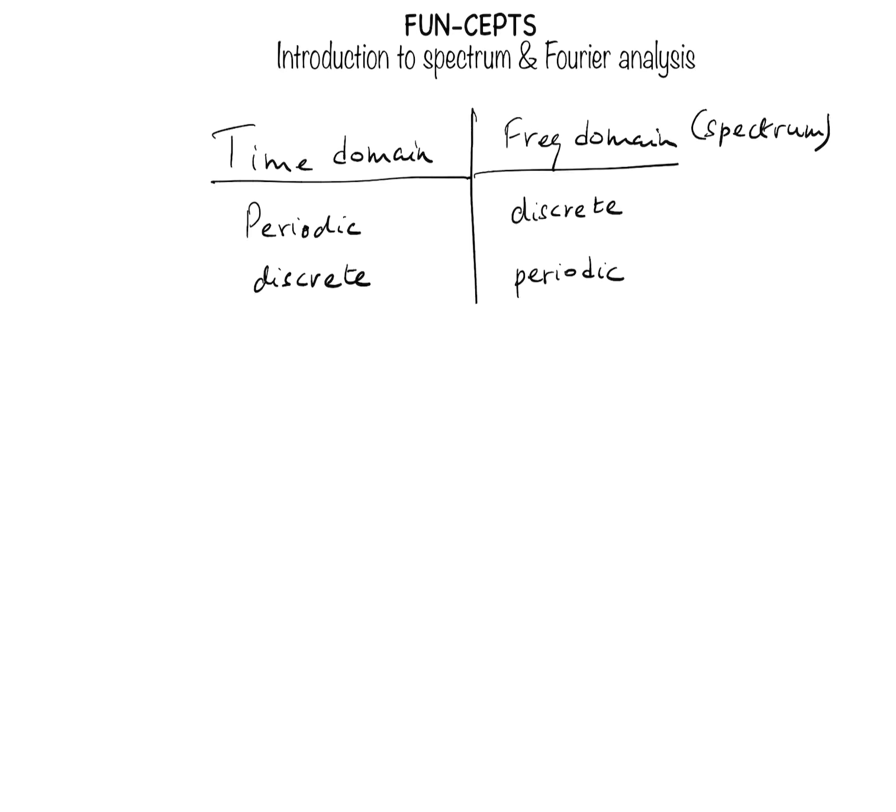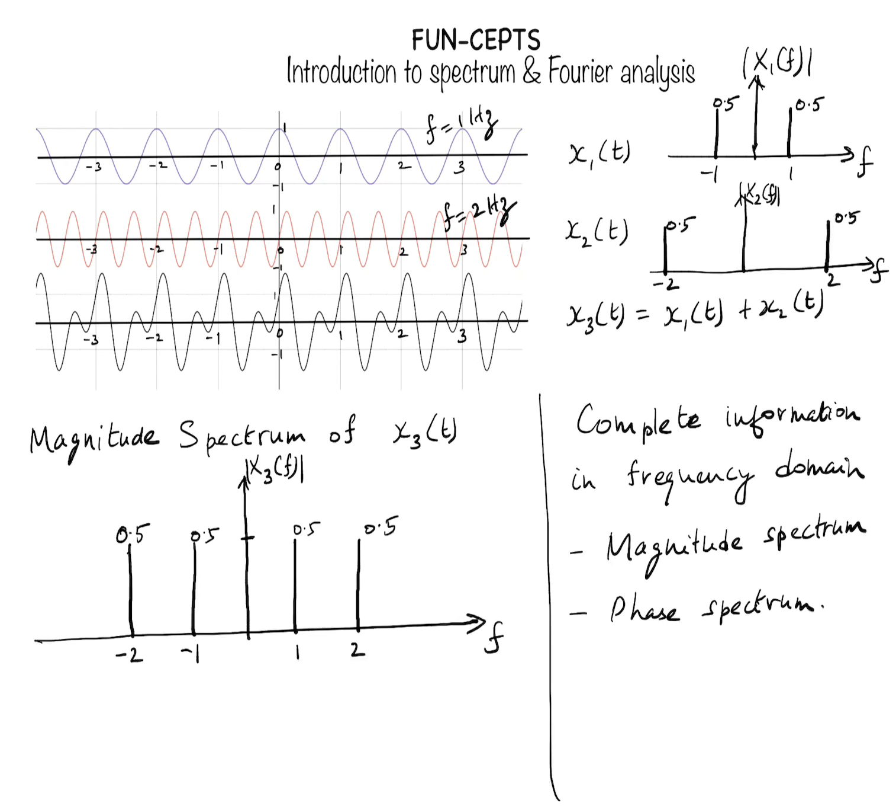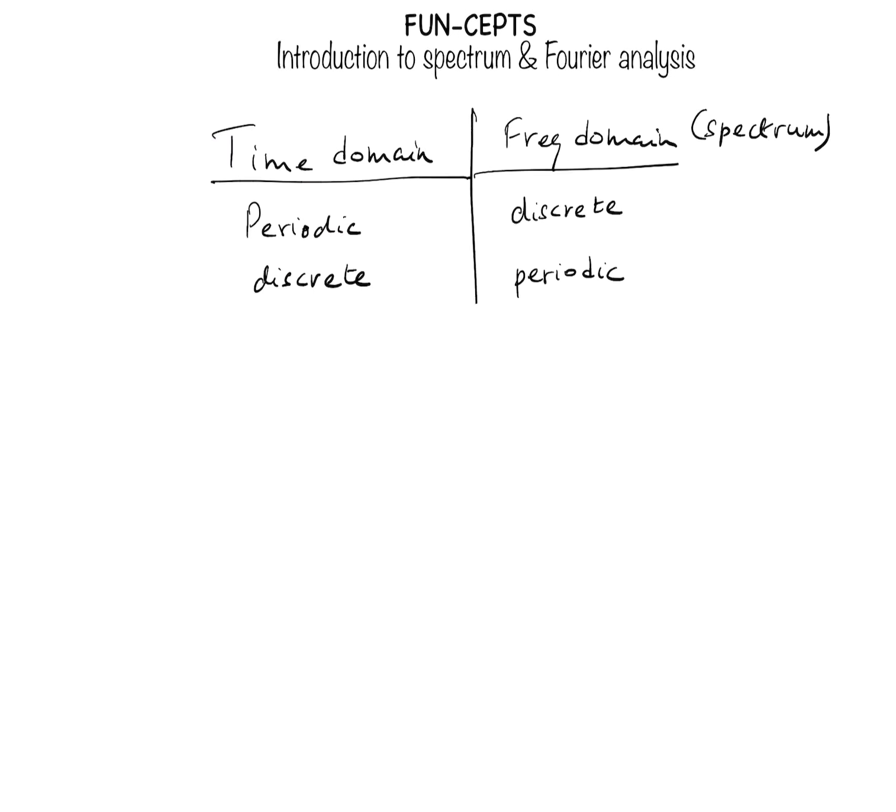Just by looking at those diagrams from the previous pages, and also from the diagrams here, we'll try to write these representations mathematically without actually going through the mathematical process of computing the Fourier transform. So, mathematical notation of spectrum.